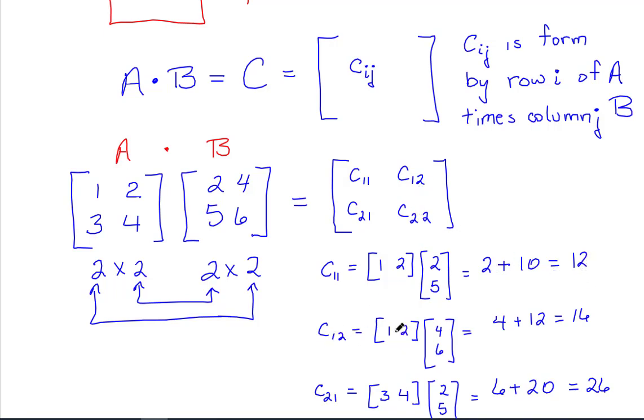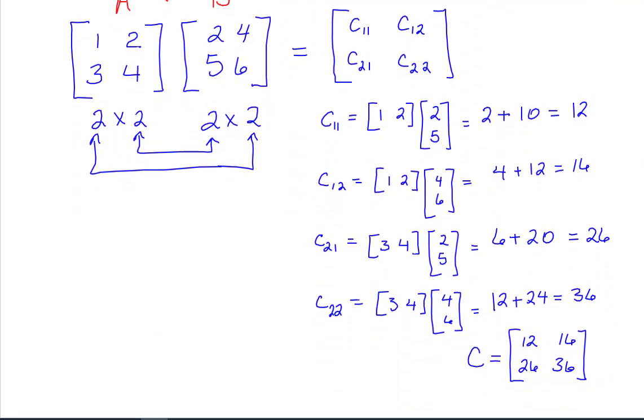C12: first row of A, I get the second column of B. 1 times 4 is 4, 2 times 6 is 12, and we add them up and we get 16. What about C22? C22 would be the second row of A, 3, 4, times the second column of B, which is 4, 6.